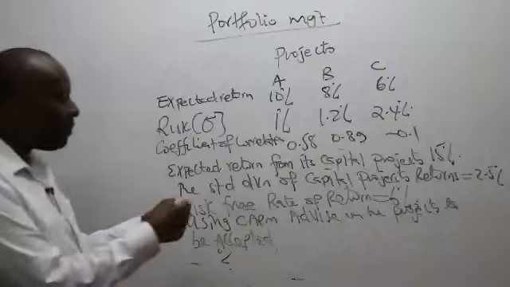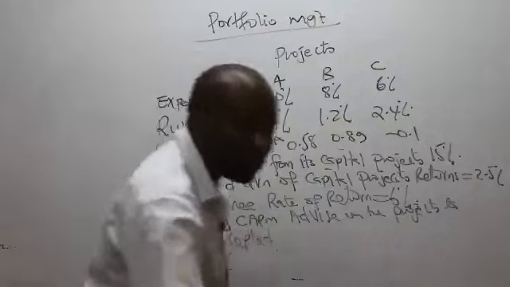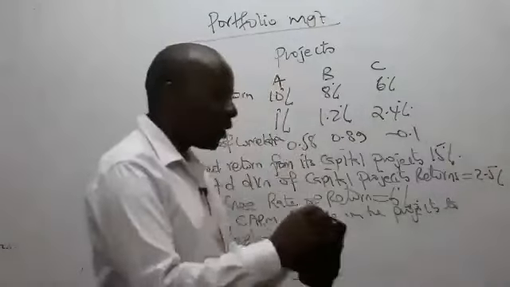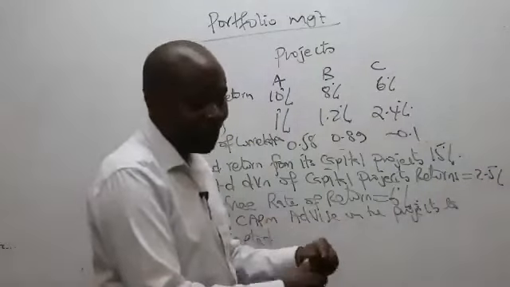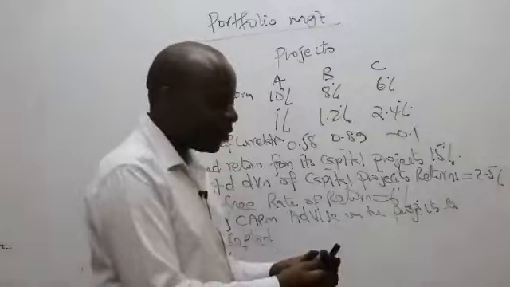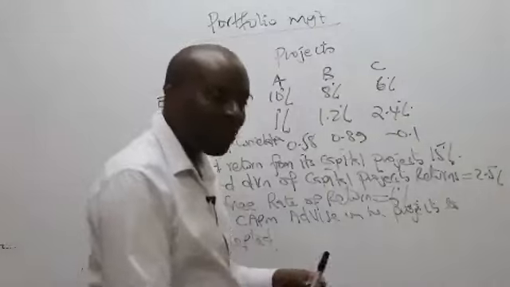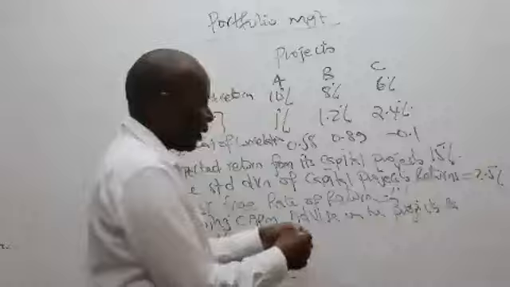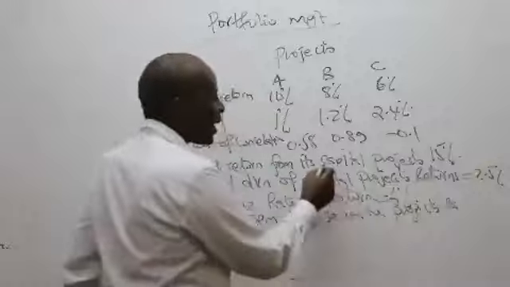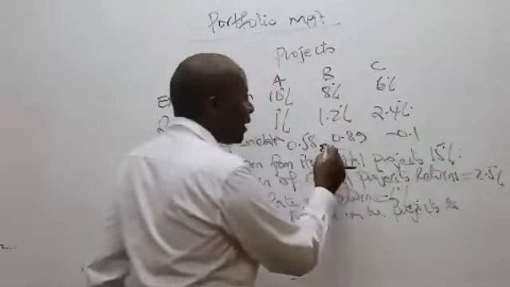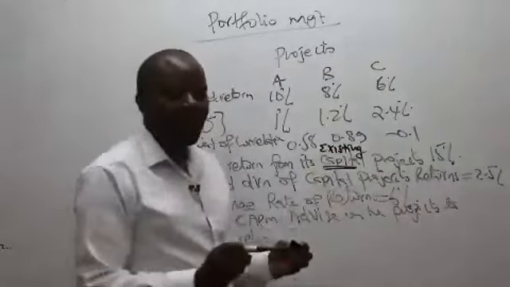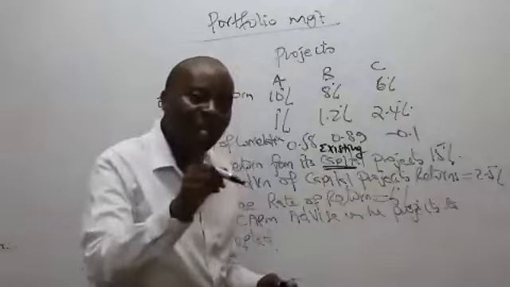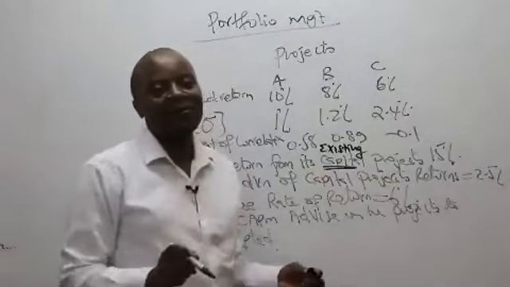Remember, whenever the examiner talks of capital projects, you are supposed to know that capital projects are market portfolios. At times they use the word capital or existing projects. Projects that are existing are the projects whose products are selling in the market.